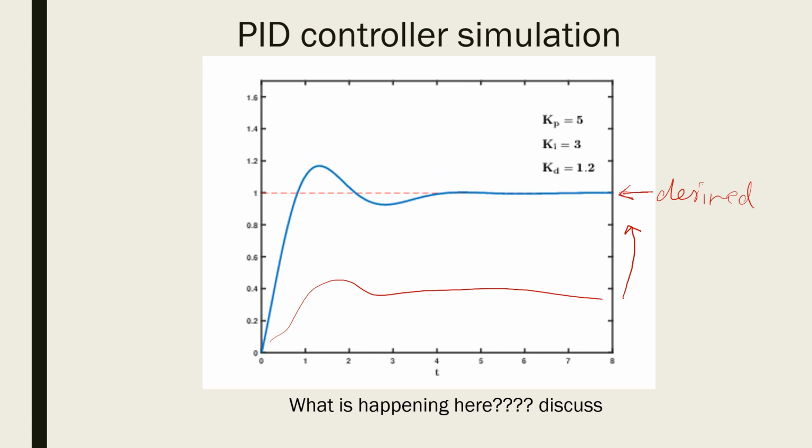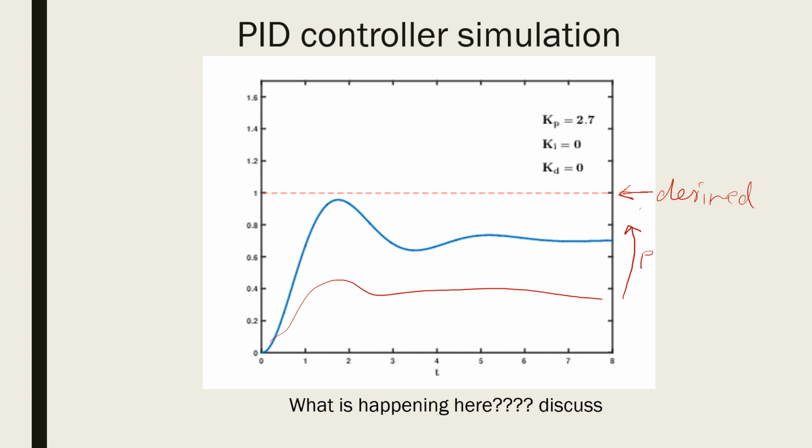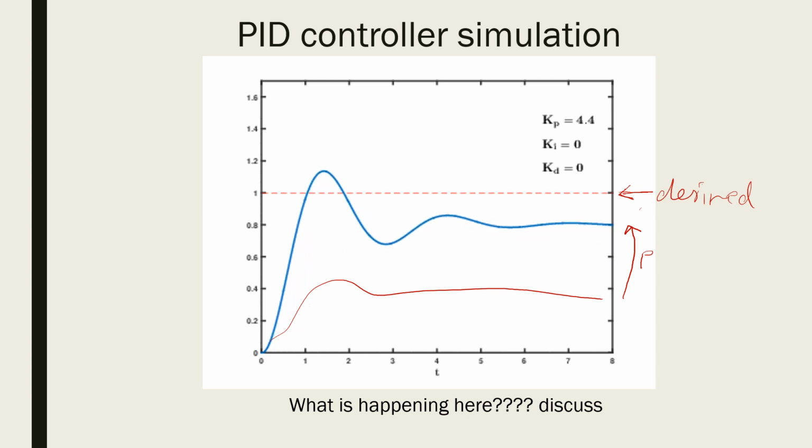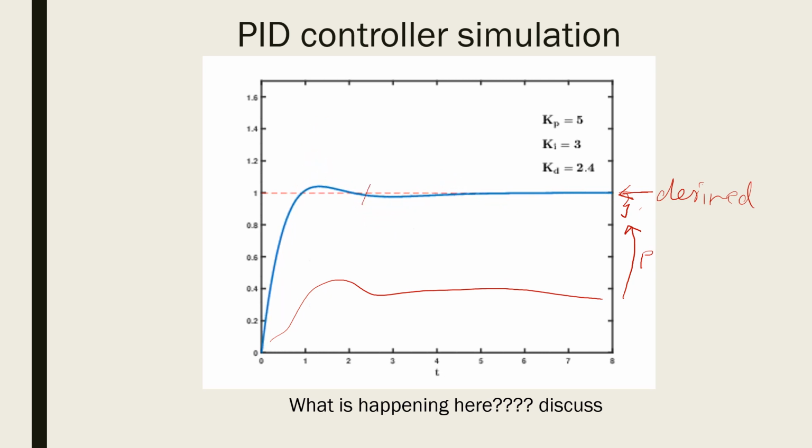And when you increase Ki, okay, let's look at what happened. Okay, this is Kp. Now when you increase Ki, it brings the signal up close to the desired value. However, you have ripples, right?